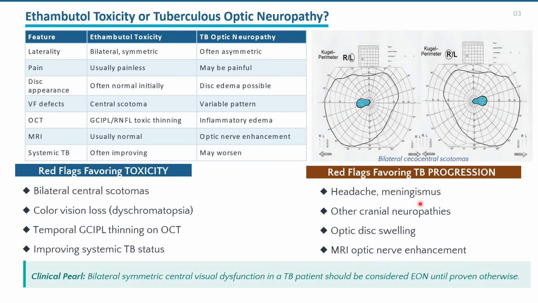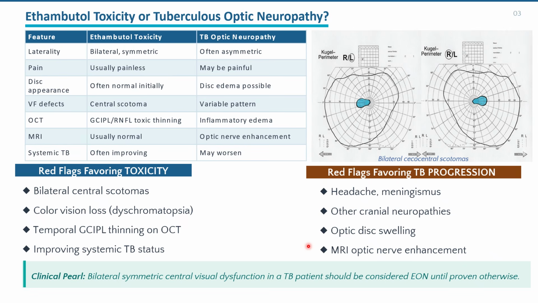The patient will have tuberculous meningitis due to CNS involvement, and he will have pain and multiple cranial nerve palsies. The visual field will be consistent with the area of affection of the chiasma or the optic tract, so there will be no classical centrocecal scotoma as you see here. And the definitive changes will be seen in the MRI, where you find enhancement of the optic nerve and the changes seen due to tuberculous optic neuropathy. So this is very important to keep in your mind.